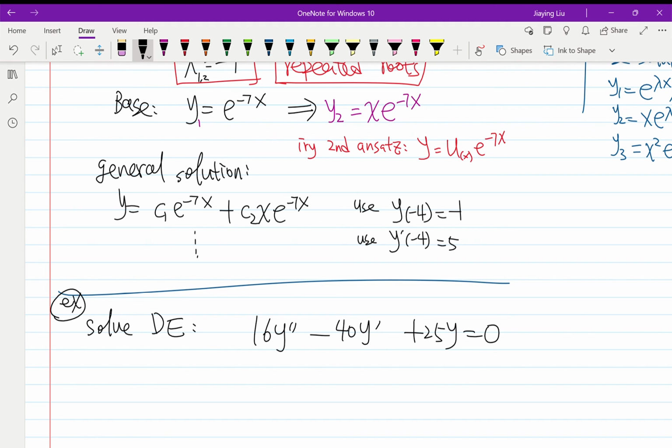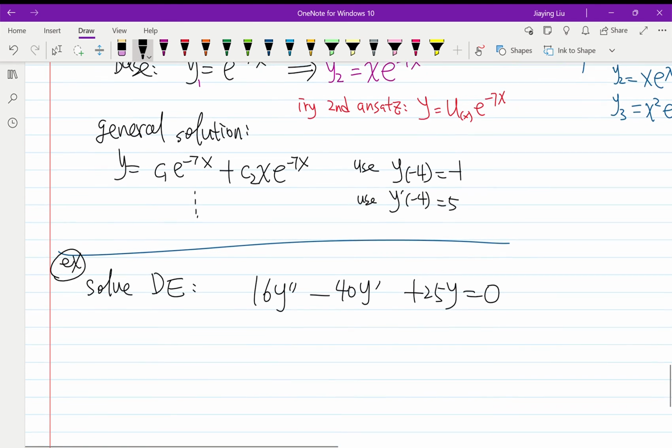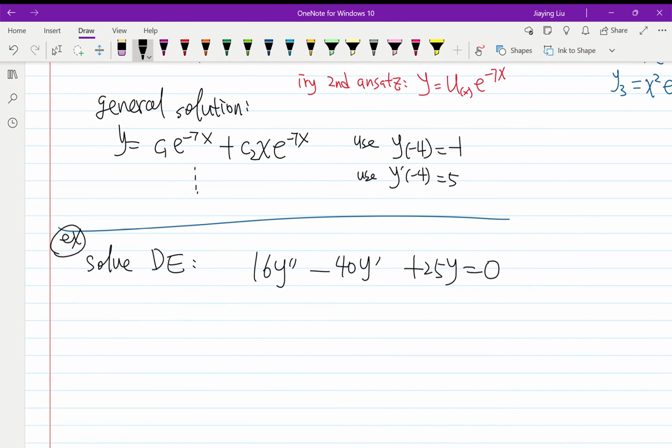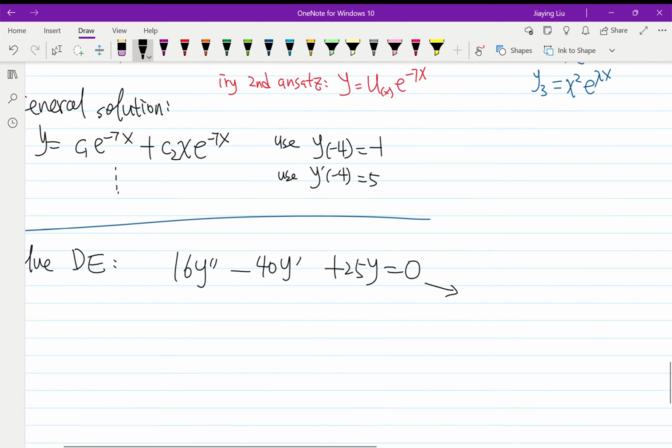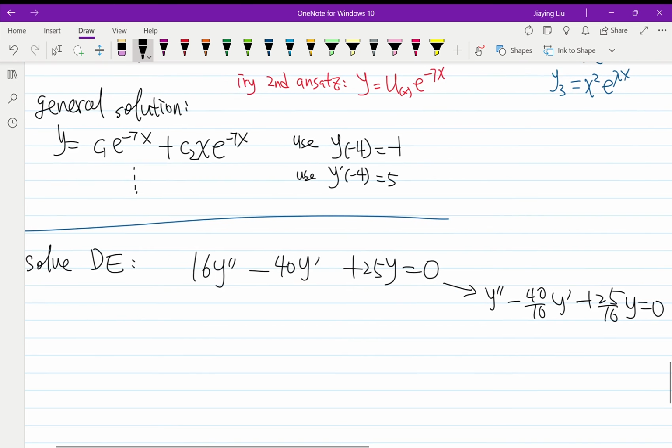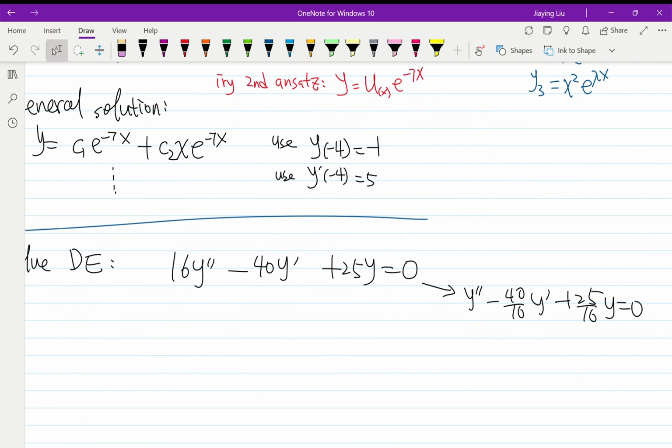We don't have to change any strategy. You could either divide by 16 to rewrite this as y double prime minus 40 over 16 y prime plus 25 over 16 y to make it look like what we had before, or you could just work with what we had here directly by applying the ansatz.